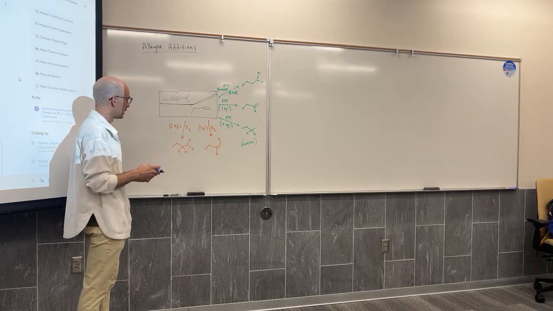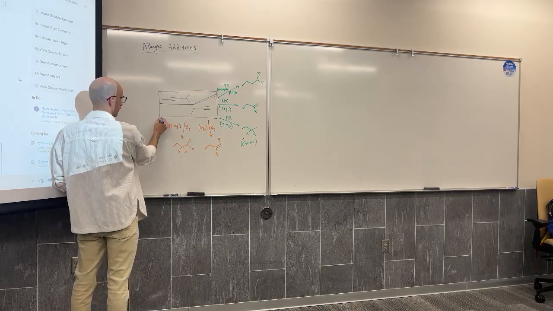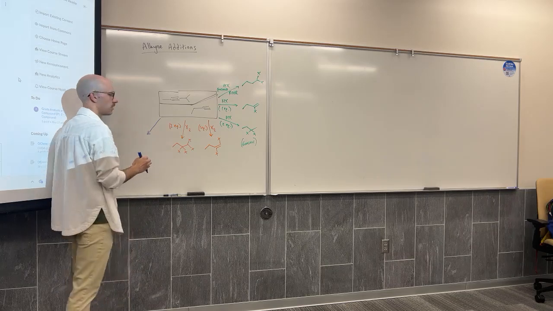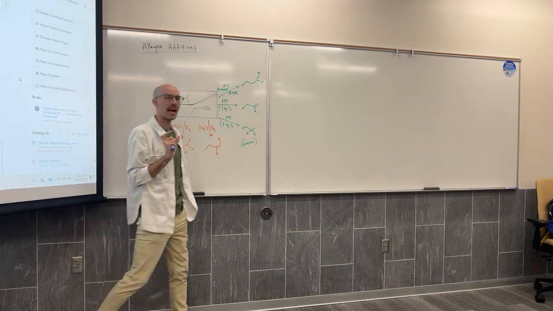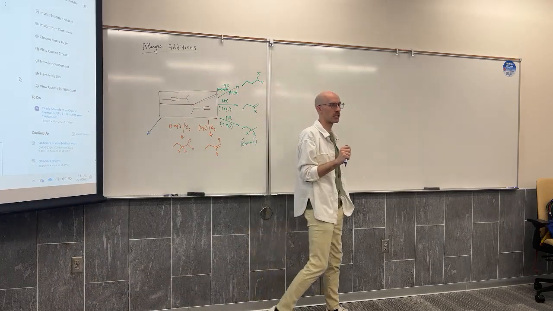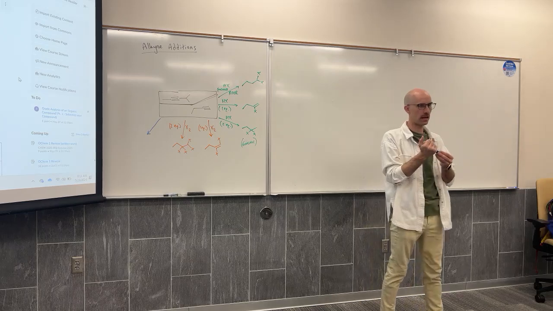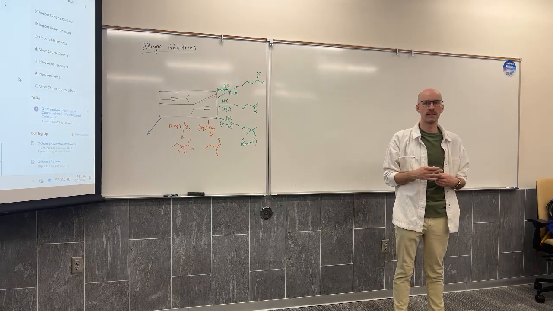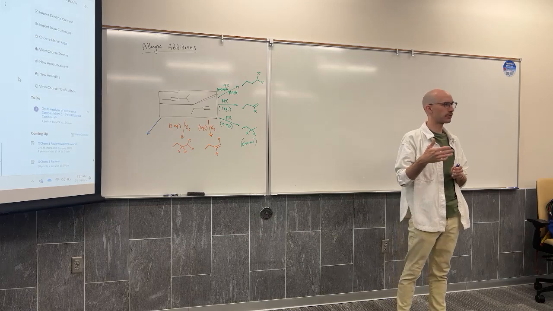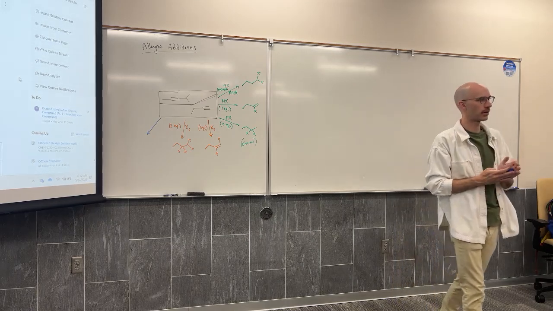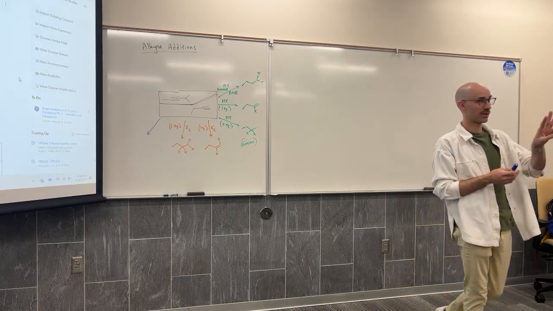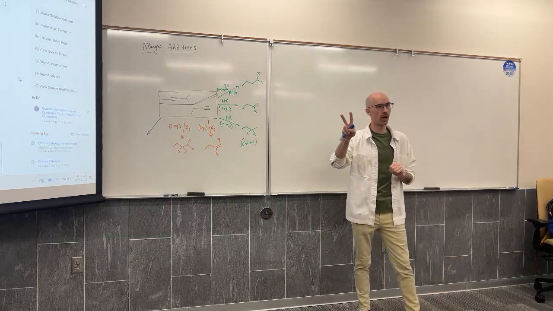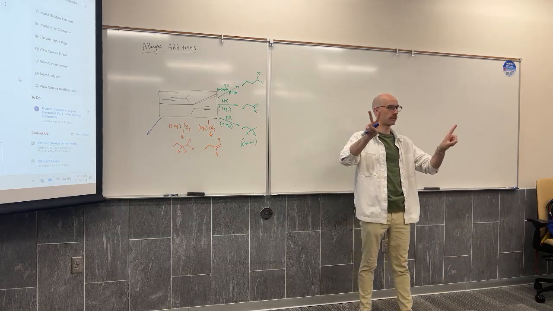I want to look at hydration reactions next. How many different hydration reactions did we have with alkenes? If you look back at that chart we made yesterday, how many different reactions produced a hydrate product? Three of them. Two were Markovnikov, one was anti-Markovnikov.